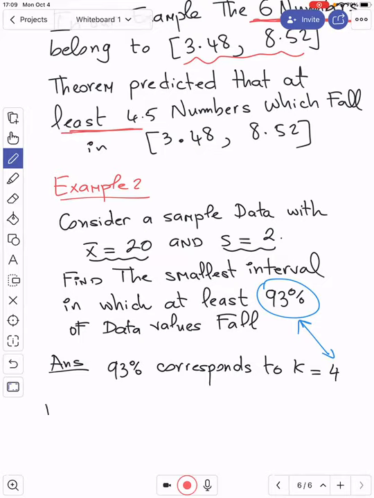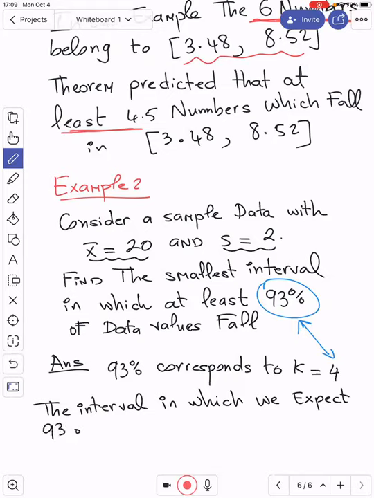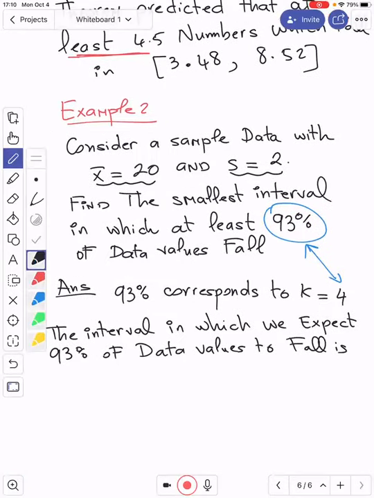So the interval in which we expect 93% of data values to fall is x bar minus 4s, x bar plus 4s.